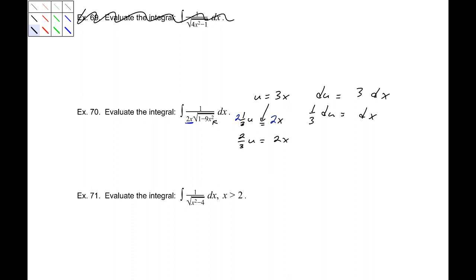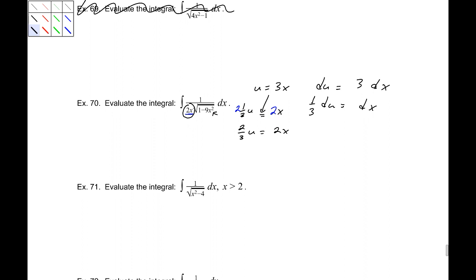Alright, so I'm going to replace this with a 2/3 u, or equivalently, it's going to be a 3 over 2 because it's in the denominator. Now I'm also going to have a factor of 1/3. That is 1 over u square root of 1 minus u squared, du.